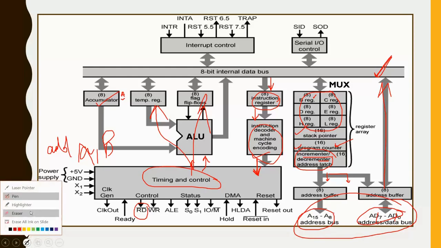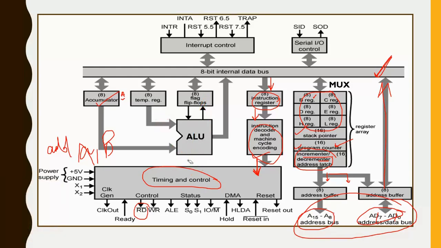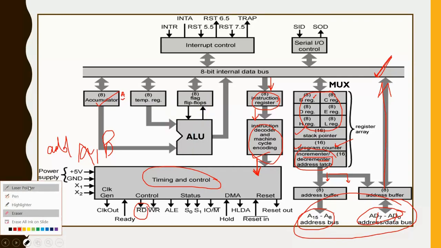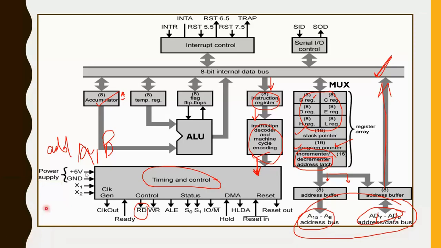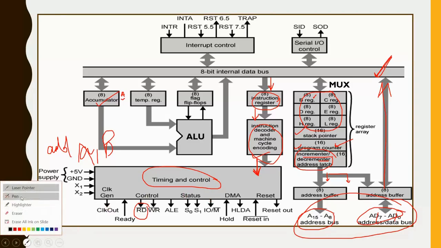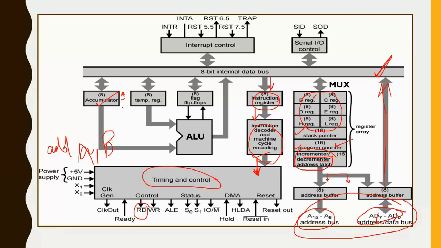So I need to erase this. So now, next thing. Okay. So this timing control will control all the system, right? Now, the next thing which I questioned you about before, why this A is separate.